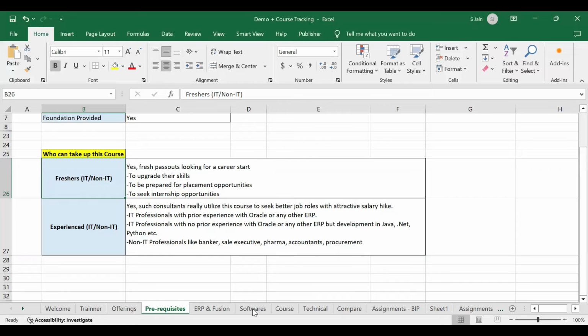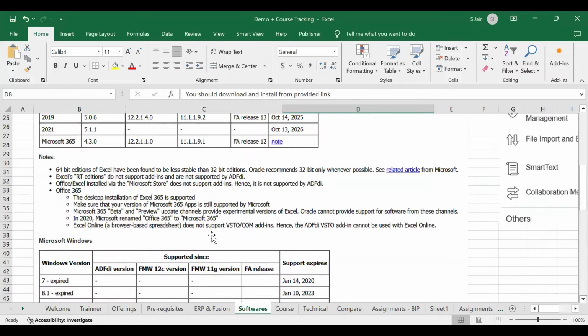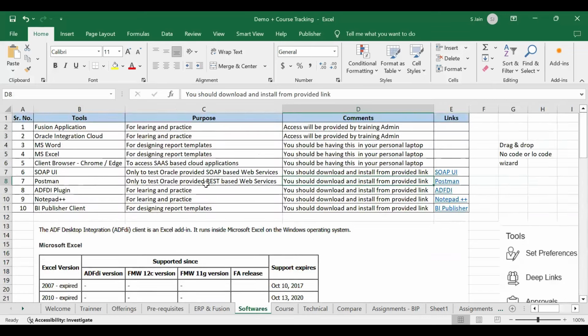Guys, talking about any specific software that we are going to use and install, as we said, everything is on a browser-based, cloud-based application. But to best make use of these tools and techniques and work efficiently as a consultant, there is a handful set of tools that we have listed down.